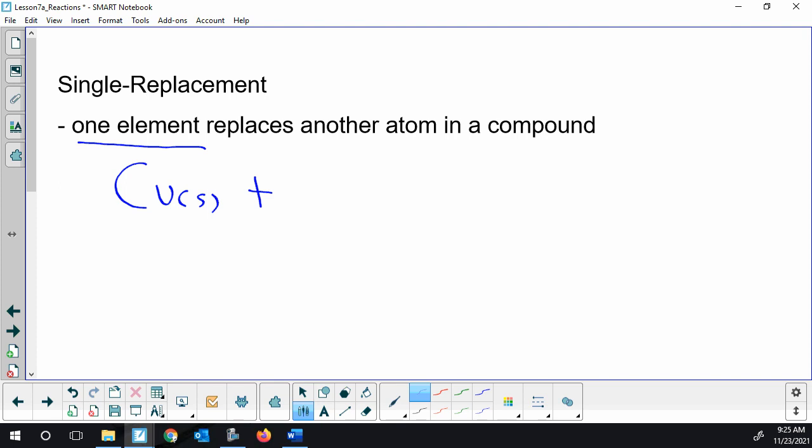So that's going to react with an atom in a compound. Silver nitrate is going to be my compound. So we've got our blue element, we've got our red compound. It happens to be an ionic compound. And that copper is going to switch something out.